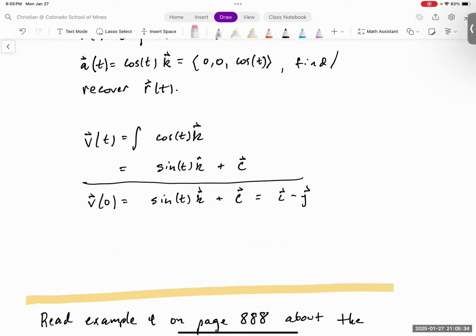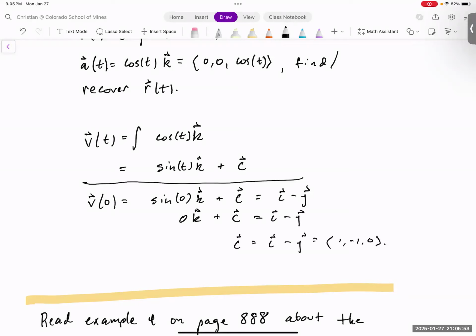And we're plugging in 0 for t. So this is 0 k vector plus c is equal to i minus j. So c is equal to i minus j. That's the vector 1, -1, 0.